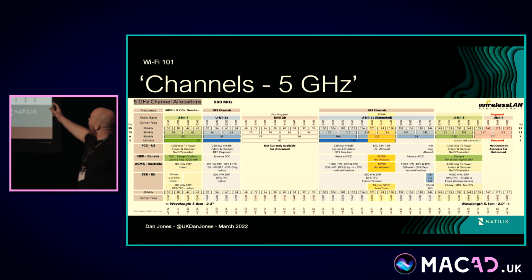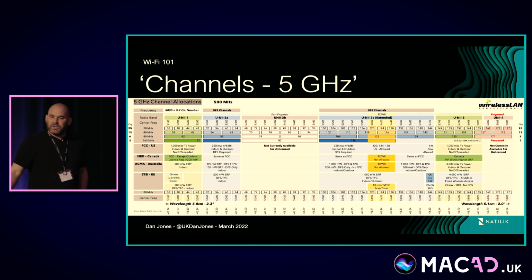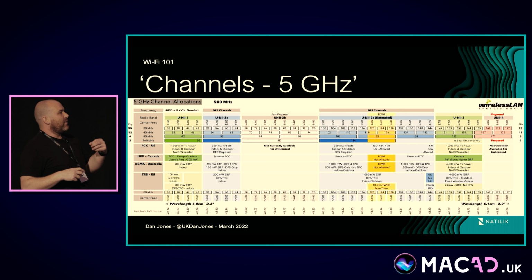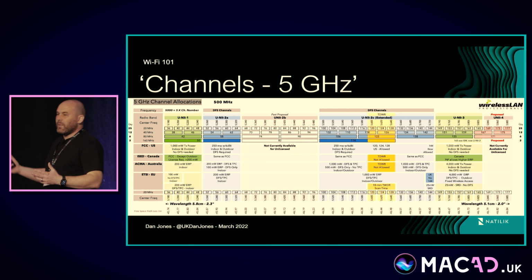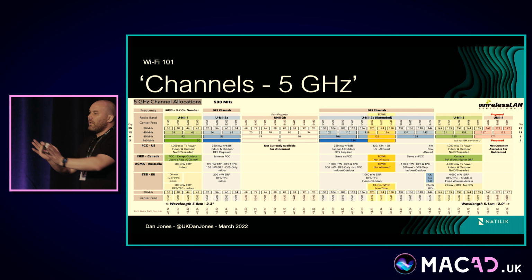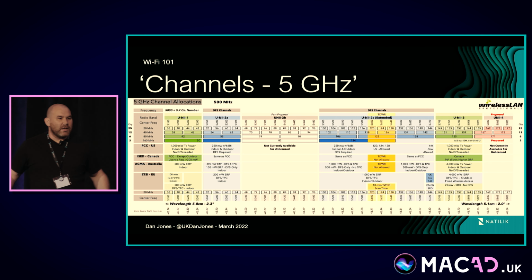And then the blue ones that you get here are the DFS channels. DFS means dynamic frequency selection. Basically, Wi-Fi is a second-class citizen in those channels. So if a radar pulse goes off or something like that, we basically have to back off and say, all right, we can't use that channel anymore, and move to another one. So if you suddenly see 15 clients disconnect from your network, you've probably been hit by a DFS event.